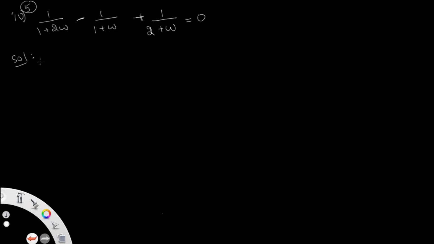Then prove that this value, I am doing 1 by 1 plus 2 omega, the positive terms on one side, rearranging. So I am taking 2 plus omega and minus 1 by 1 plus omega.